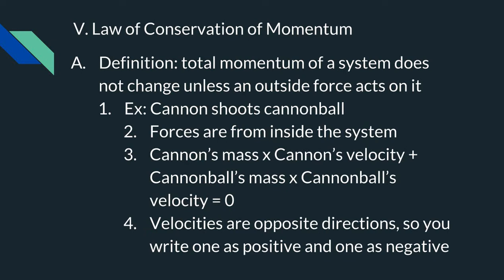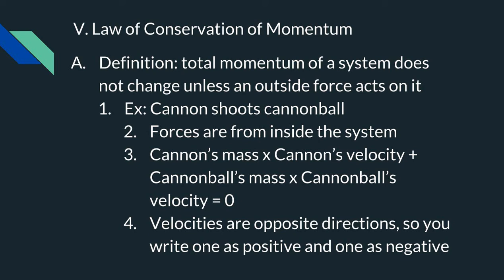The law of conservation of momentum, here's the definition of it: total momentum of a system does not change unless an outside force acts on it. That's what we just read. And our example of this from the text was the cannon shoots the cannonball. The forces are from inside the system. The cannon's mass times the cannon's velocity plus the cannonball's mass times the cannonball's velocity equals 0.